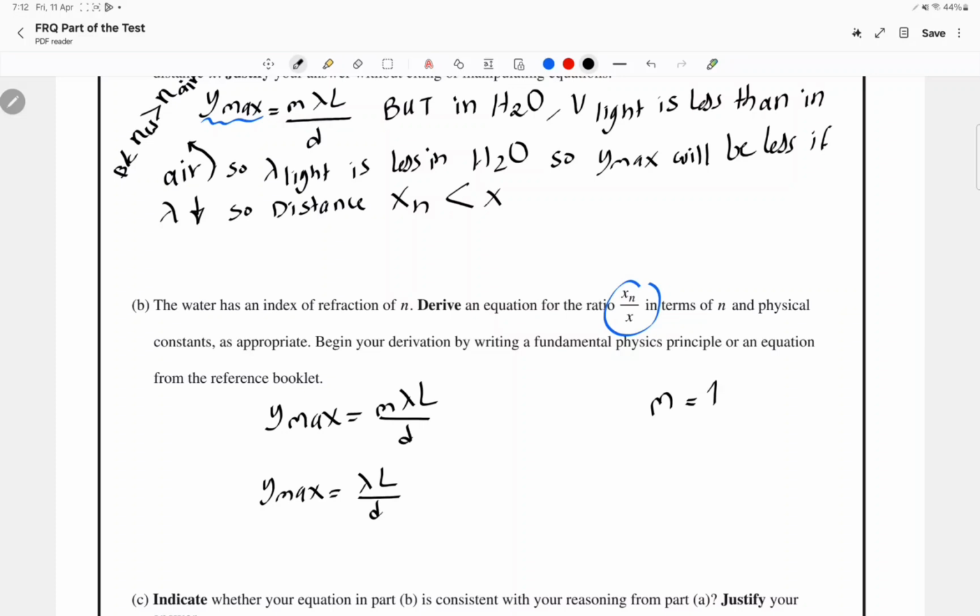Okay. Now, as we know, n is equal to c over v. And c means the speed of light in the air, so lambda f. But v means the speed of light in the water, so lambda n times frequency. Now, the frequencies will simply cancel, so n is equal to lambda over lambda n.